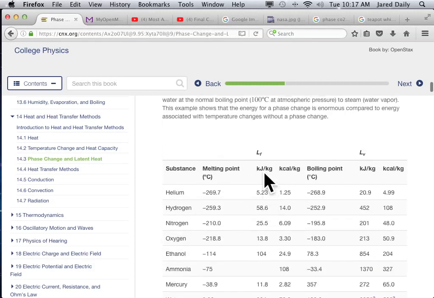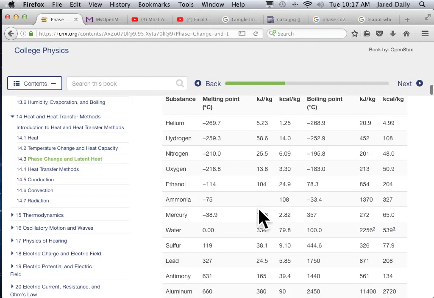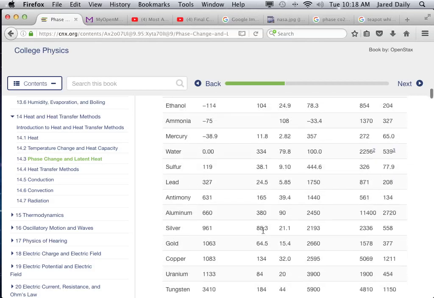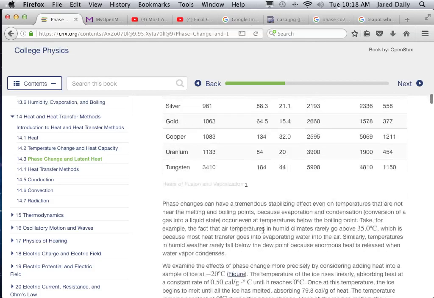Why does ammonia not have a number? Ammonia does not. For this one, for kilojoules, I don't know. Good question. Should have one. It's a typo or something.